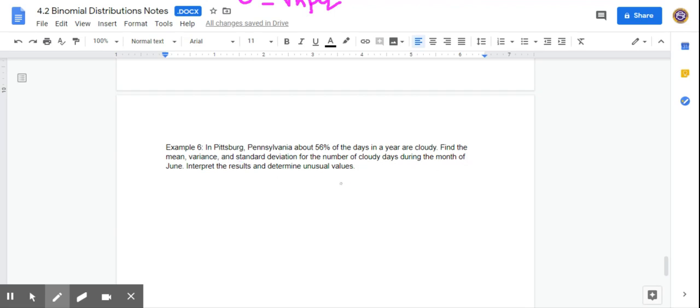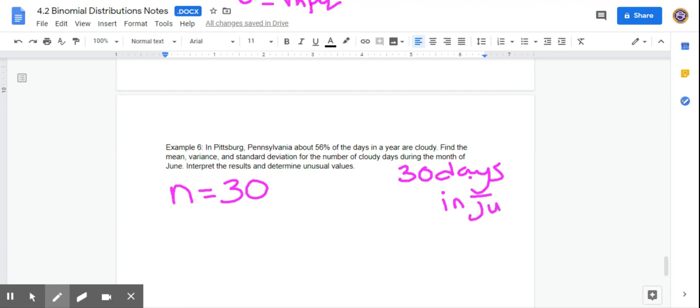So if we're thinking about the month of June, it has 30 days. So that means that n is 30 because there are 30 days in June. And it says during the month of June, so the number of cloudy days, that is a total. 56% of the days in the year are cloudy.